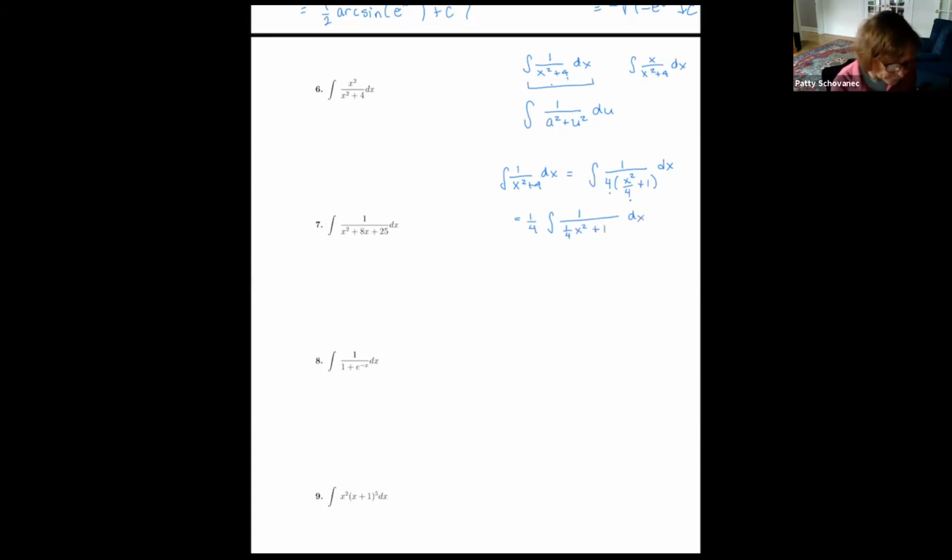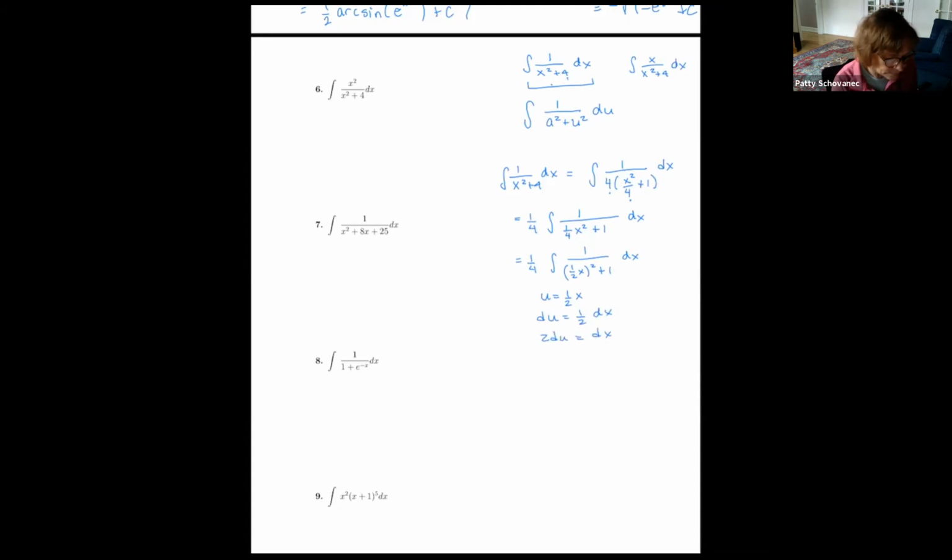I can even go further. I can take the product of 1/4 x squared and write it as 1/2 times x quantity squared. And now that's a u du integral, where u is 1/2 x and du is 1/2 times dx, so 2 du is dx.